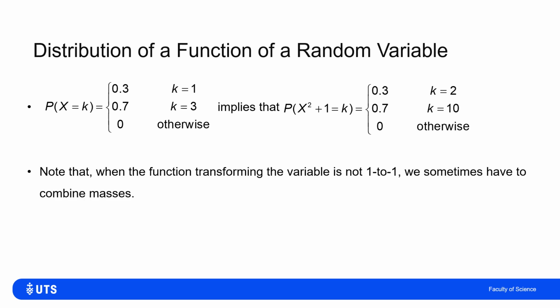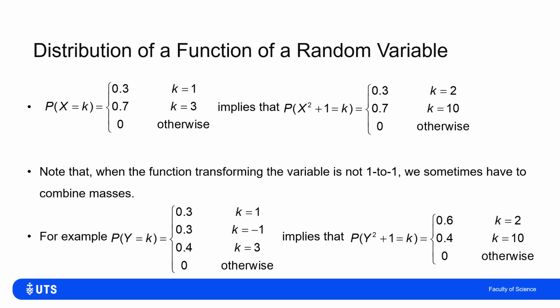The only complication in the discrete case is if the transformation is not 1-to-1. An example of that: if I take y, 30% of the time it's 1, 30% of the time it's minus 1, and 40% of the time it's 3, then the transformation y squared plus 1 maps both the y equals 1 and the y equals minus 1 cases to 2.